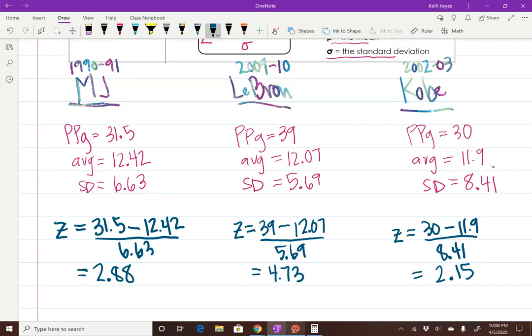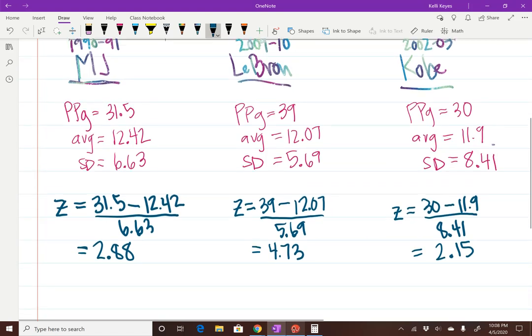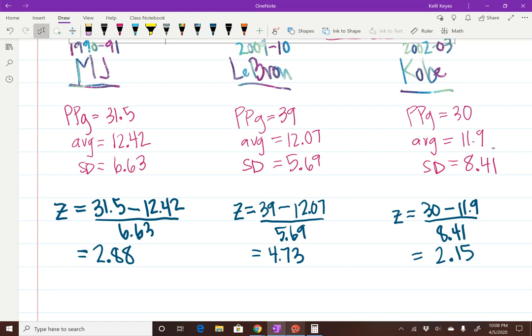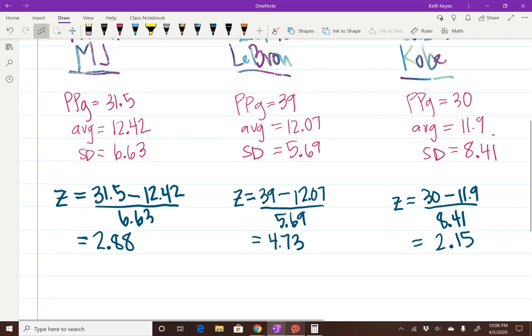Okay, so who is the highest above the mean for their particular year? Like who did the best for their time with average points per game? Because notice I'm just looking at that statistic right now.